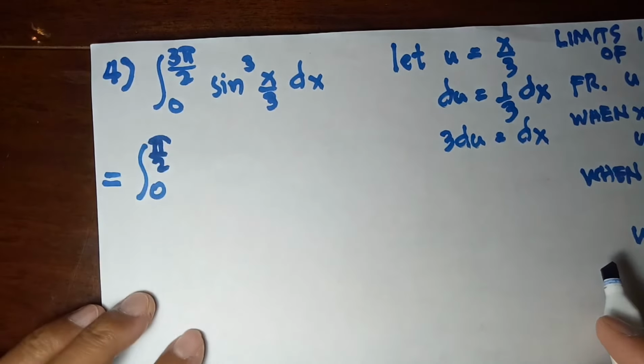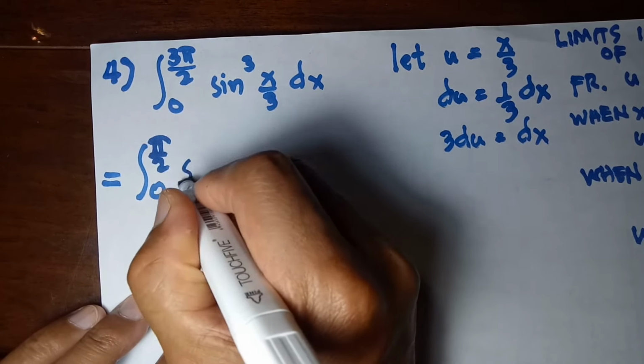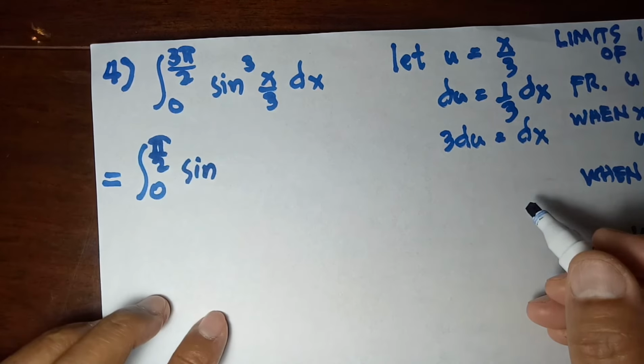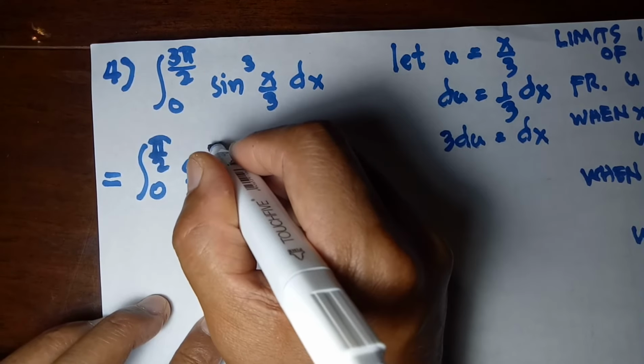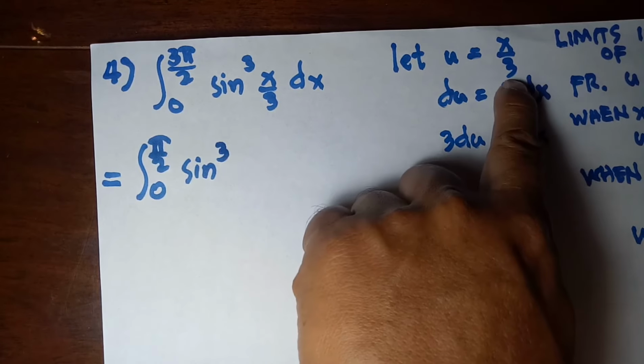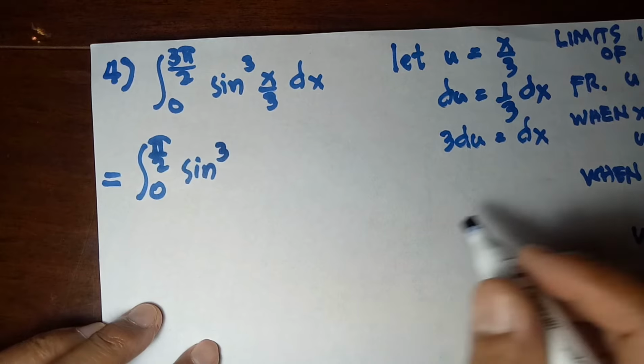And then we have sine raised to 3 of x over 3, but we let u equals x over 3.